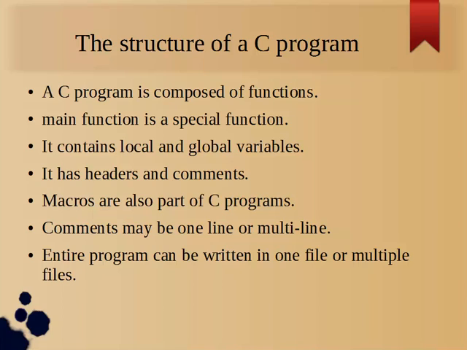A local variable is accessible to that function only, and it can be accessed in other functions only if it is passed to that function. There are two ways to pass, by value and by reference. We will see that when we learn about functions.